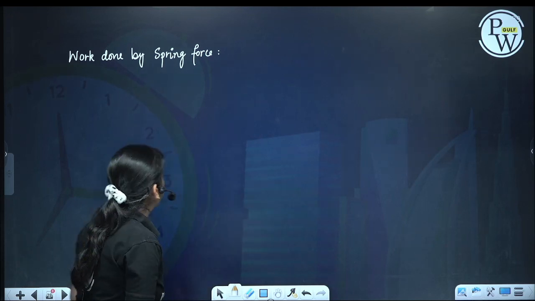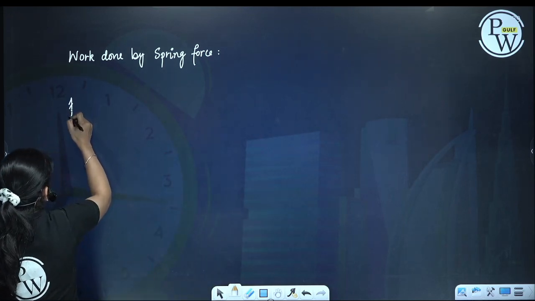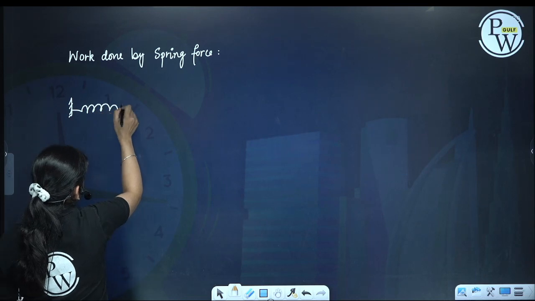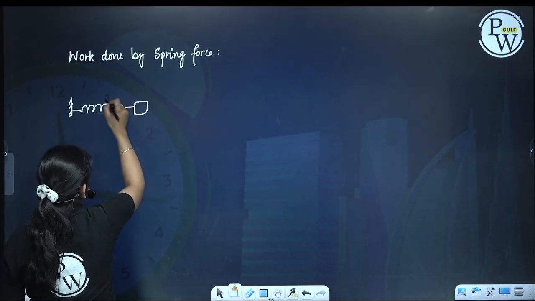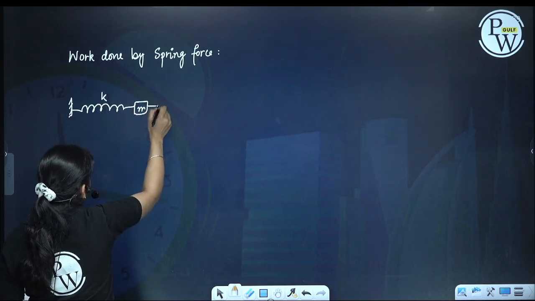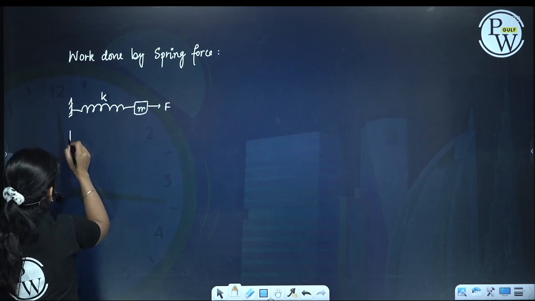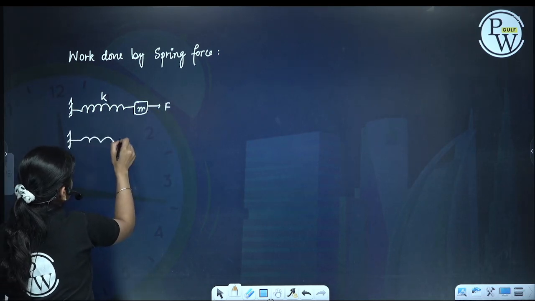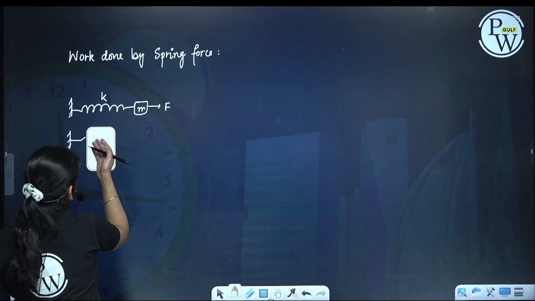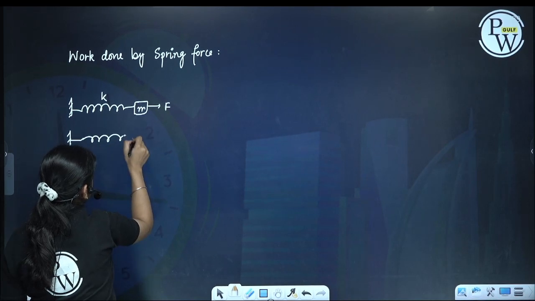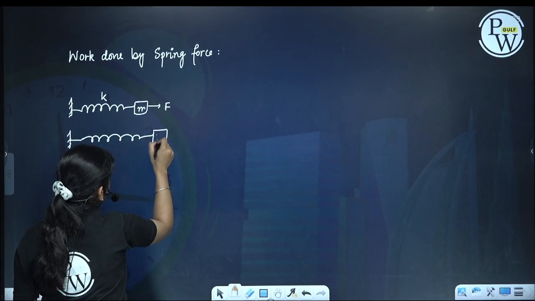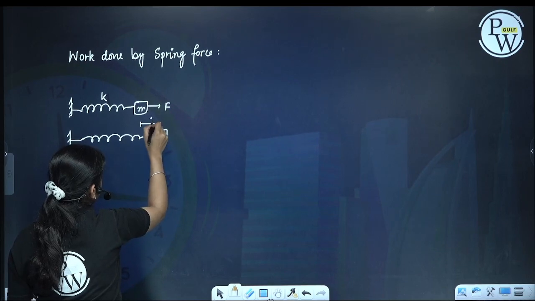Okay, so what we have is a spring in its natural length, and we applied some force and we elongated the spring by a displacement x.